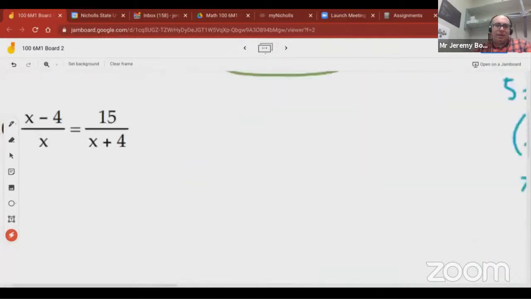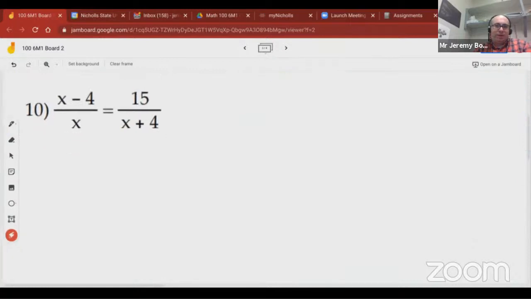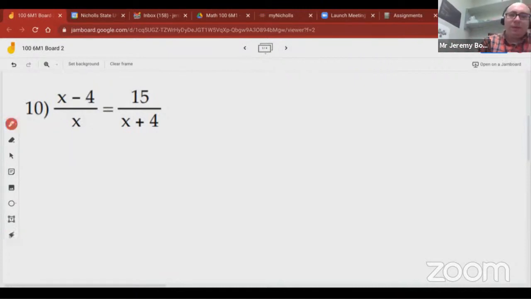All right. Number 10. Got x minus 4 divided by x is equal to 15 over x plus 4. So the problem here is we have these rational expressions on both sides. We want to get rid of that, but before you do that, make note of your domain.